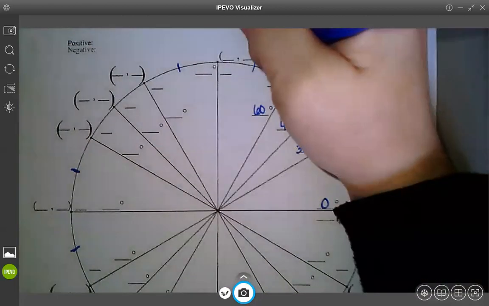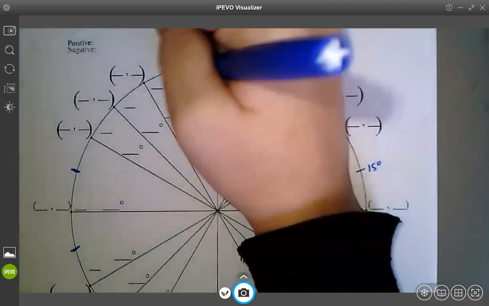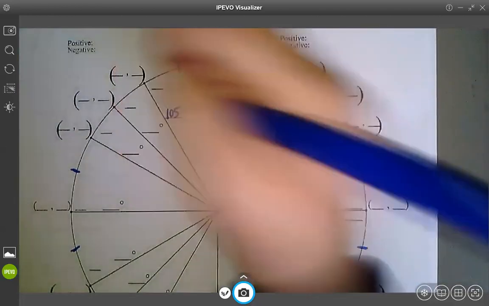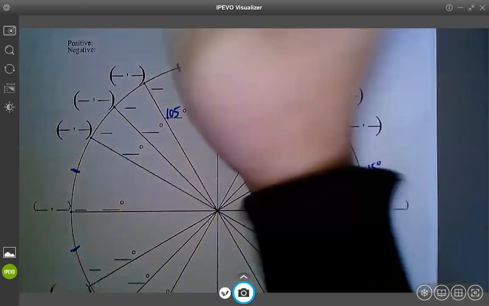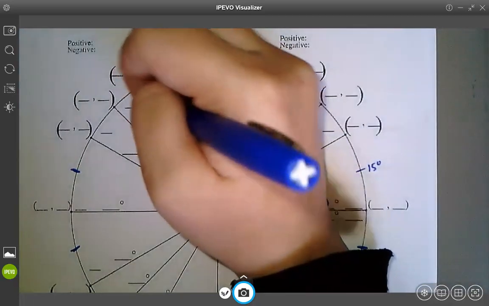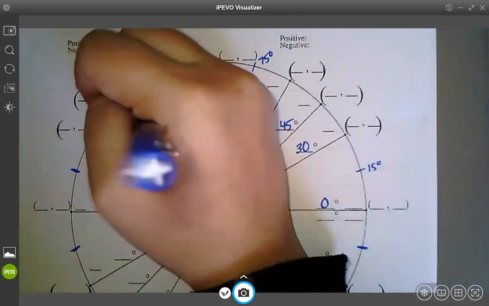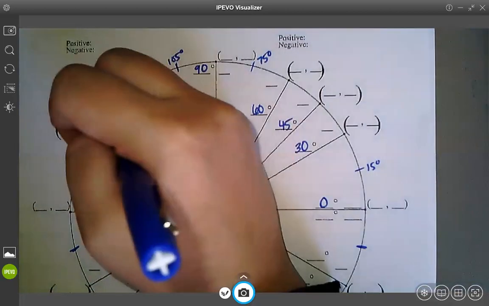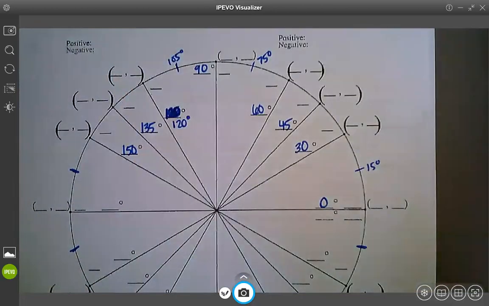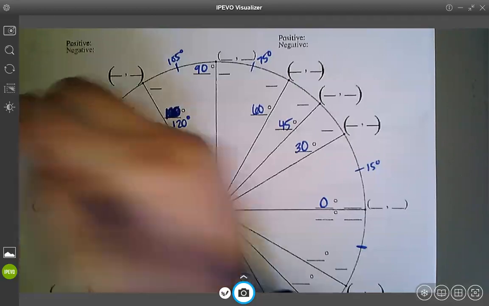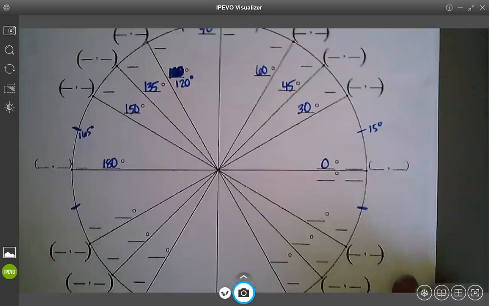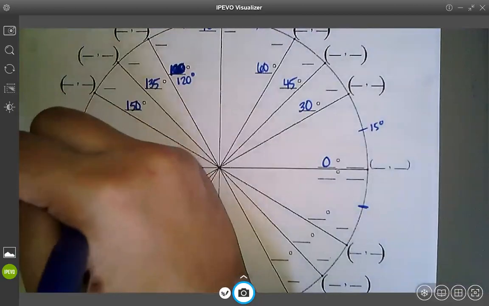So 0, 15, 15 more is 30, plus 15 is 45, 60. This one will be 75. 90. Oh, no, sorry, that would be 105. I skipped one. 105 plus 15 is 120. 135. 150. I'm just going to mark that out and rewrite it. 165. 180. I'm just adding 15 all the way around. 205.